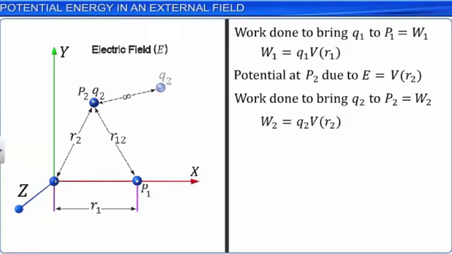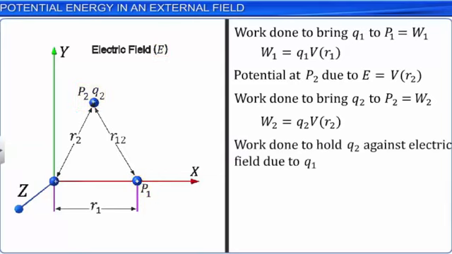If Q2 is now released, it moves due to electric field E and also due to the electric field of Q1. Work has to be done to hold the charge Q2 against the force due to the electric field E and also due to that of Q1. Work done to hold Q2 against the electric field due to Q1 is expressed as W12, which is equal to 1 by 4 pi epsilon naught into Q1 Q2 by R12.